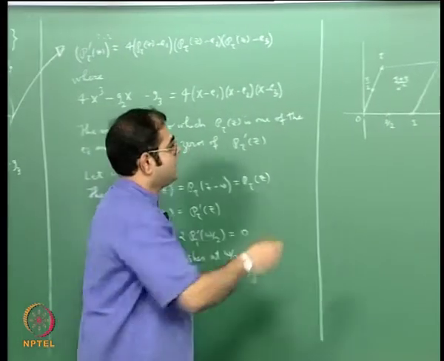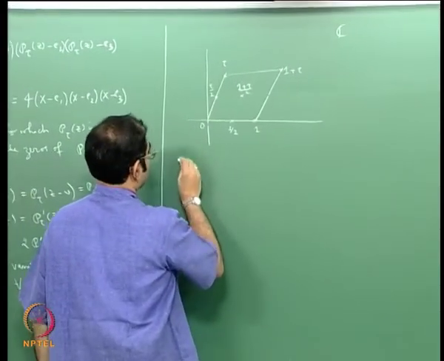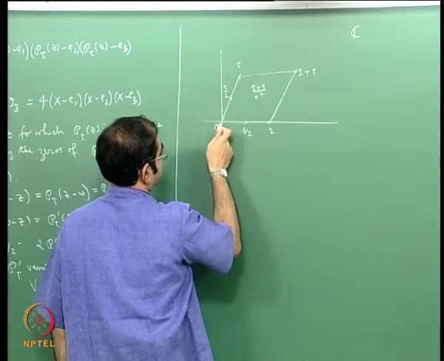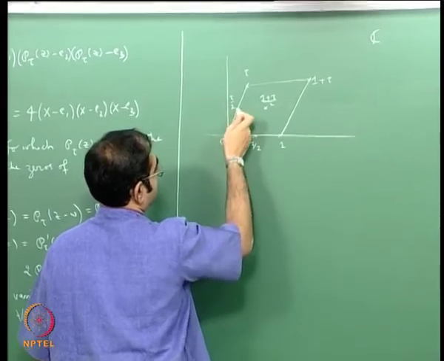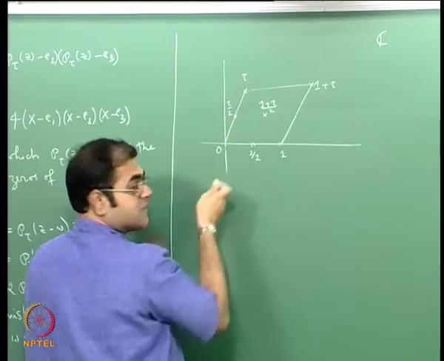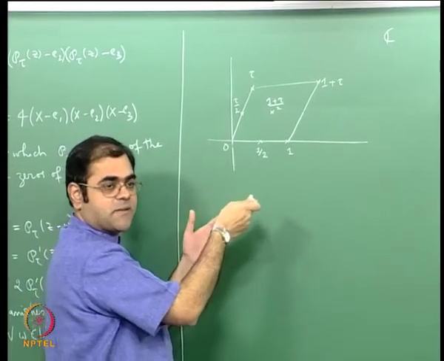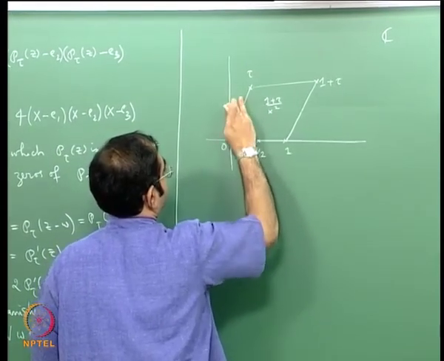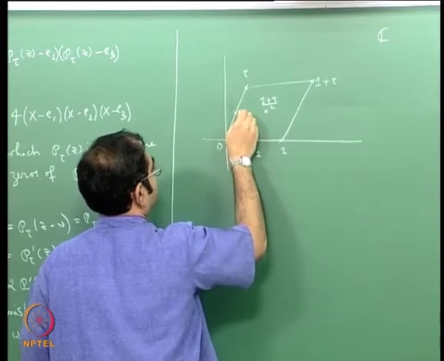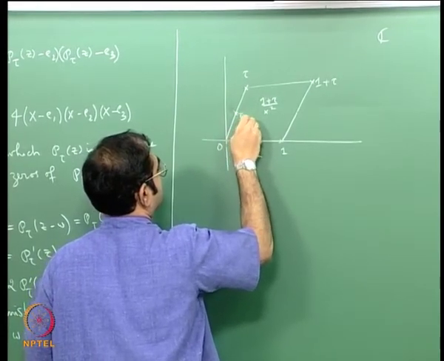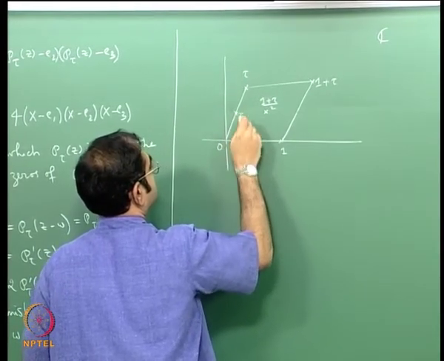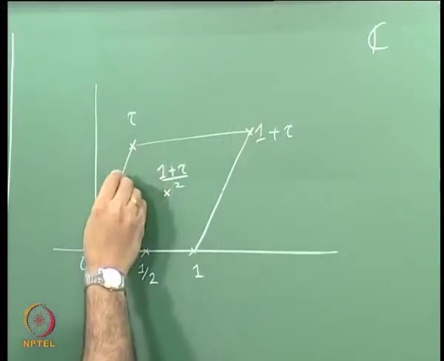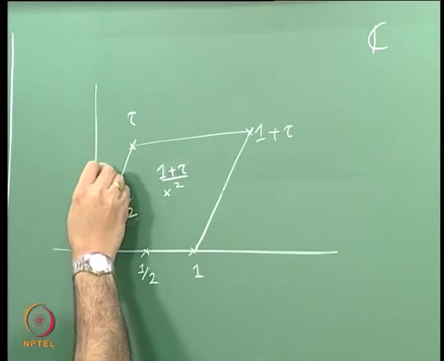okay. So the claim, so let me draw another parallelogram which is a slight shift of this parallelogram so that these two zeros come inside the parallelogram, a translate of this parallelogram. So let me draw it. It should look something like this. Let me put tau by 2 here, and let me draw a parallelogram like this.